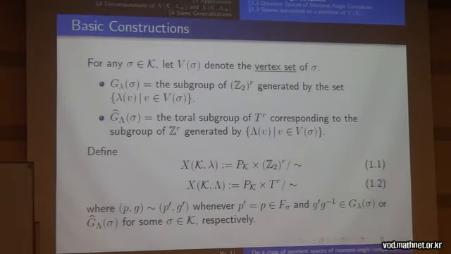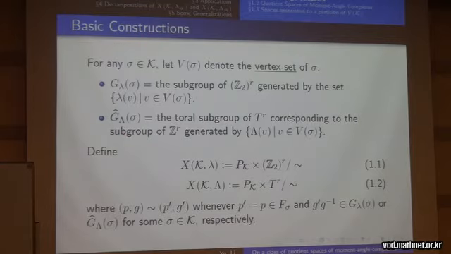And this is a basic construction. For any coloring of the vertex set of K, we can define a space in this way. So X_{K,lambda} is P_K, the simple polyhedral complex, times Z_2^r, under this equivalence relation. Here (p, g) and (p', g') are equivalent whenever p' equals p in some F_sigma, and the difference between g' and g is in some group G_{lambda,sigma}, where G_{lambda,sigma} is defined in this way.